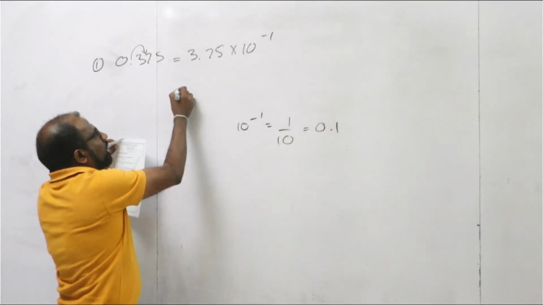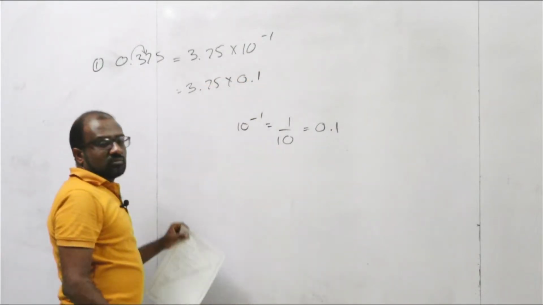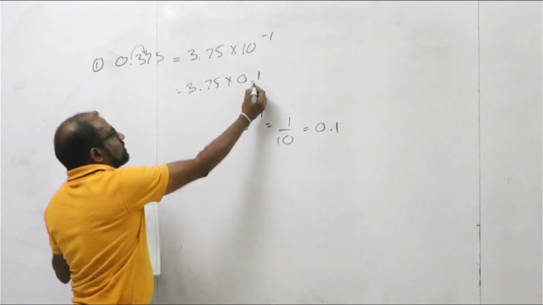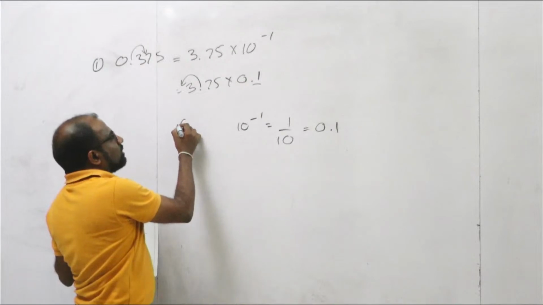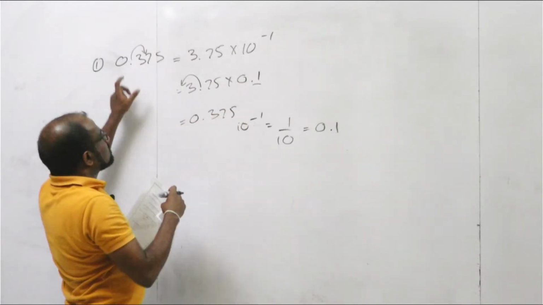So here you have 3.75 times 0.1. With this, the decimal point skips 1 place to the left, giving 0.375. So that's the answer.